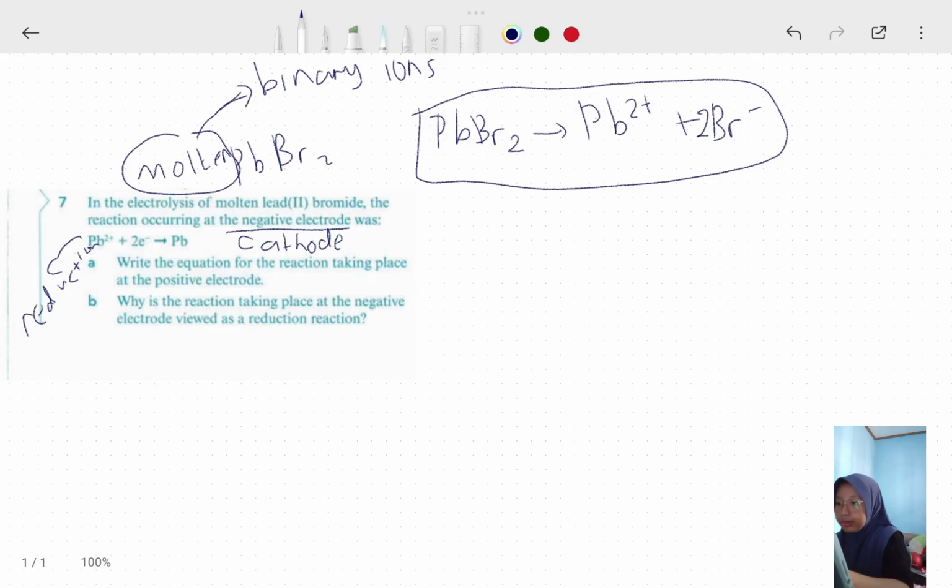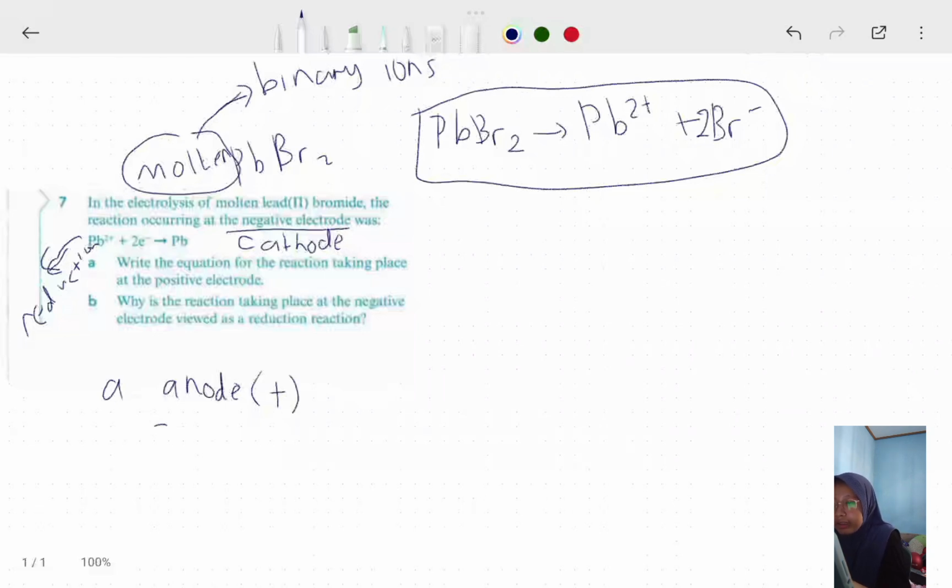Then the first question is, write the equation for the reaction taking place at the positive electrode. Do you still remember what the positive electrode is? Yes, that is the anode. The anode is the positive electrode.